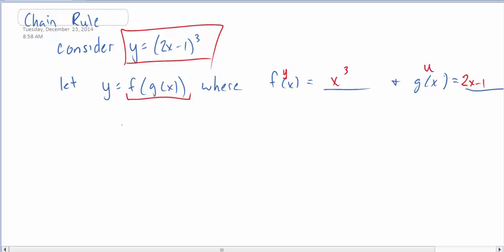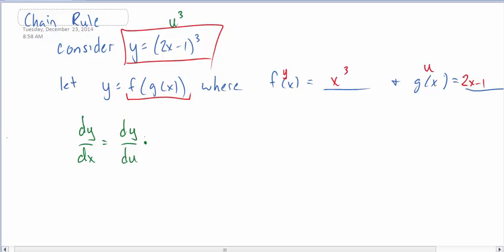So now our derivative, dy dx, we could think of this as being the derivative of y with respect to u, because that's what's inside of the y. This is really u cubed.